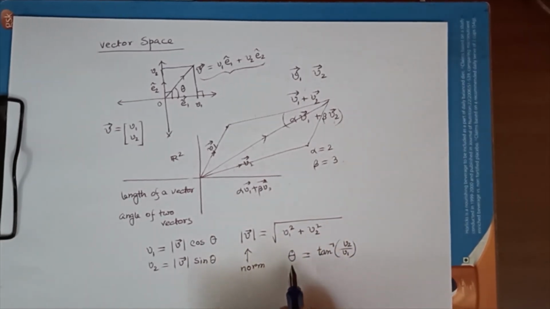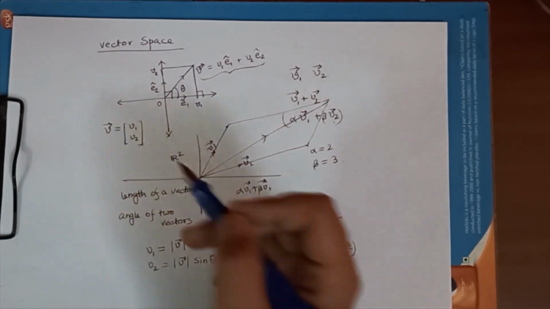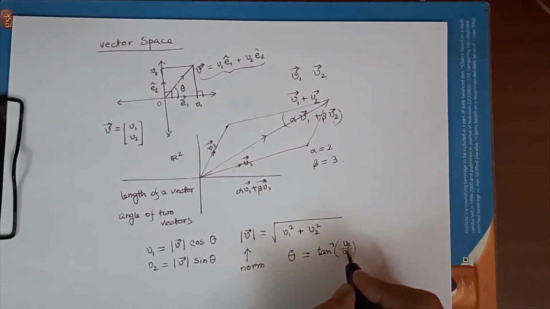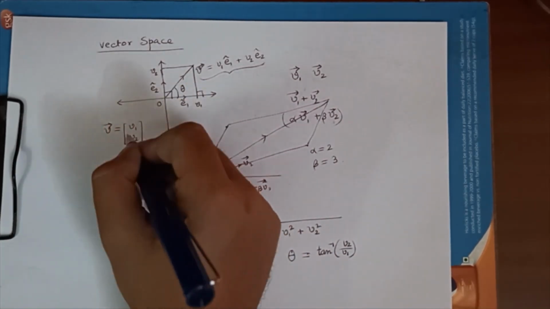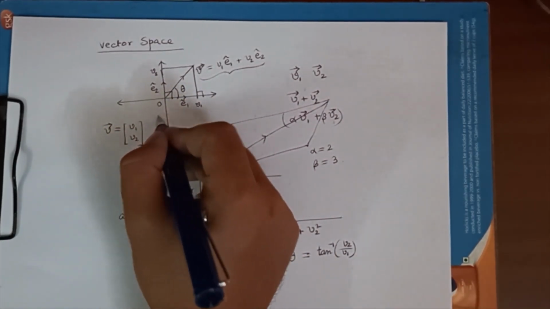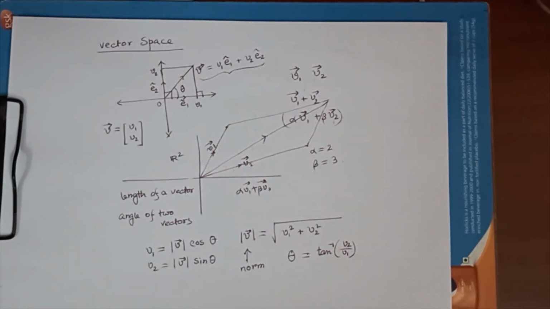We understand that theta is between say 0 and 2 pi. In that understanding, if both are positive, it will be in the first quadrant. If v1 is negative, then we will be in this quadrant. If both are negative, then we will be in the third quadrant. And if v2 is negative and v1 is positive, then we will be in this quadrant. So from that we understand what theta will be from the values of v1 and v2.